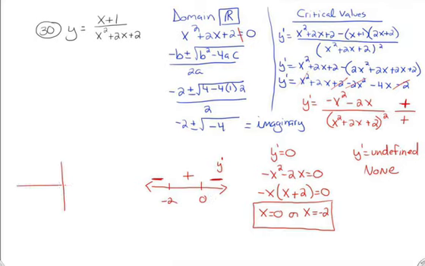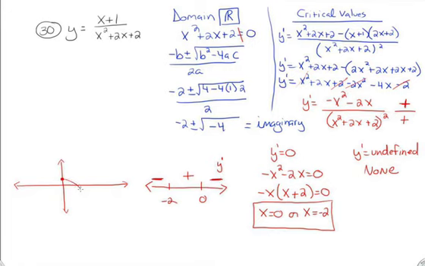Let's see if we can piece together a possible graph of this. I could figure out what the value is at 0. Plug in 0 and I get 1/2. So there's the point (0, 1/2). I know that as I leave (0, 1/2), my slopes are negative, so I start going down.